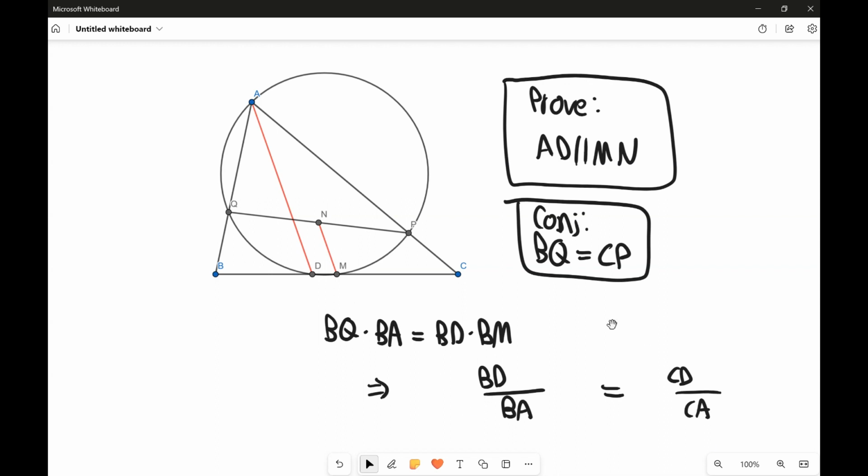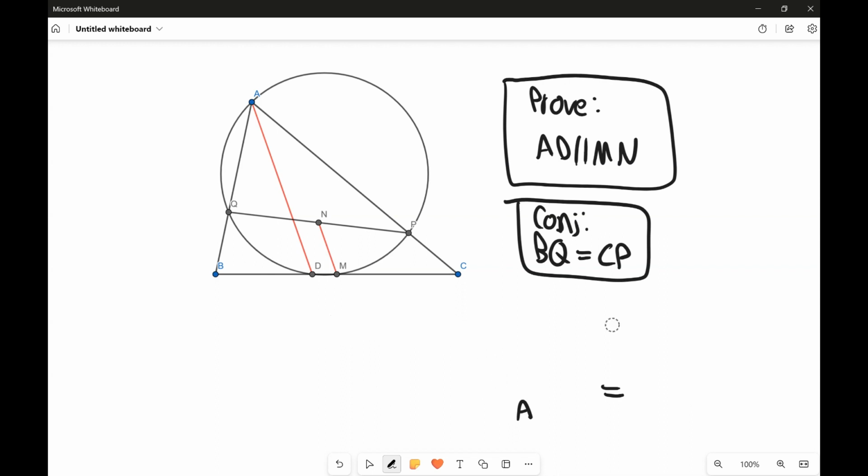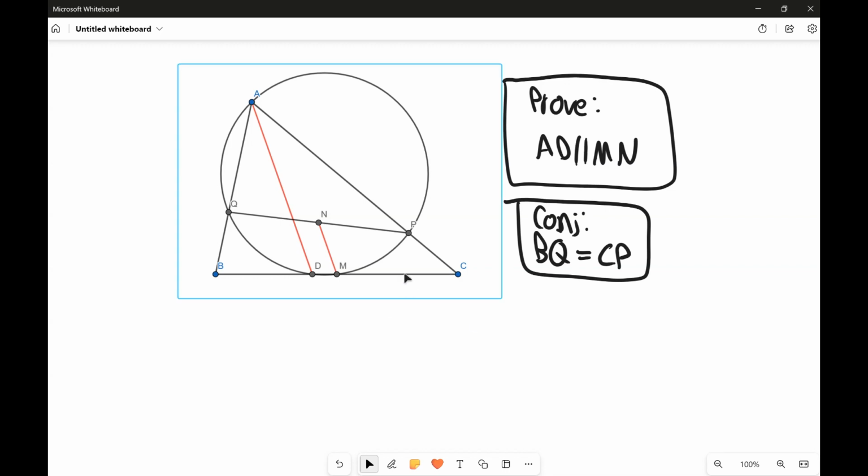So now that we know that BQ equals CP, we might want to try doing something with this. And this last part might feel unmotivated, but I'll go ahead and present the solution here. So here it goes. We set the origin of a vector system to be anywhere.